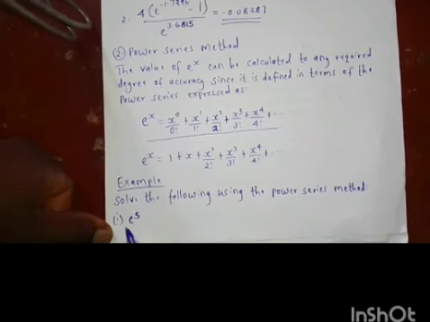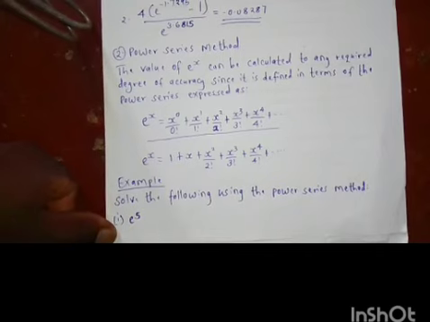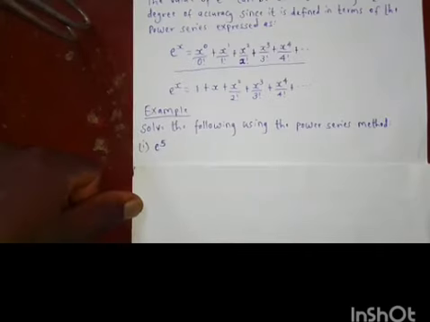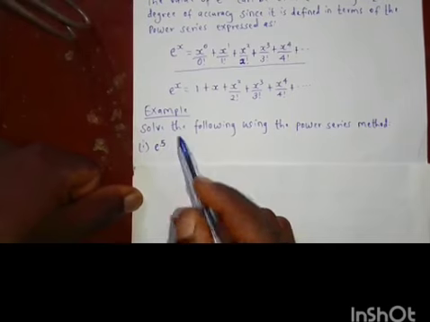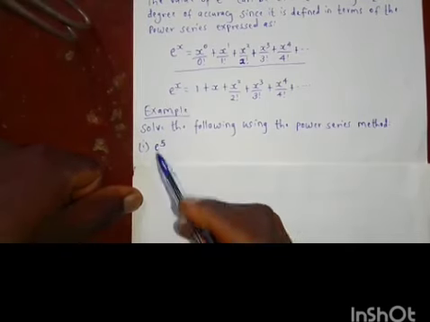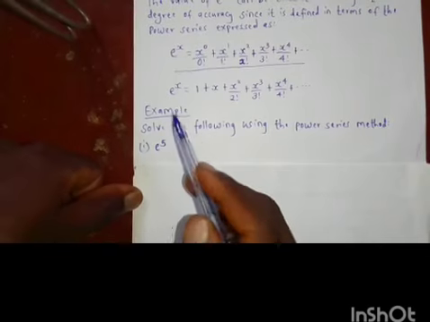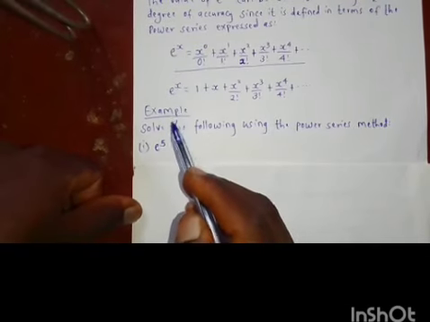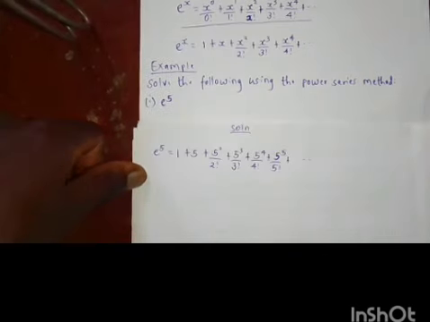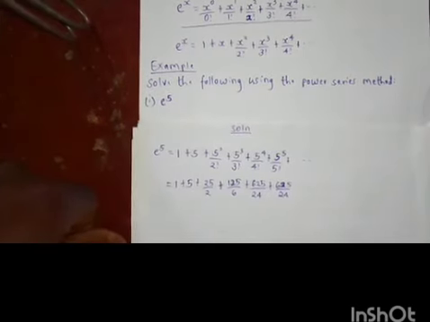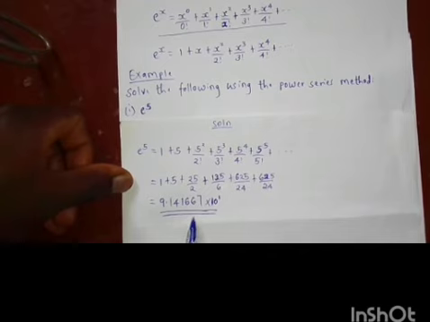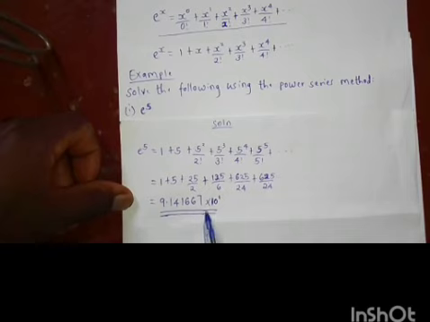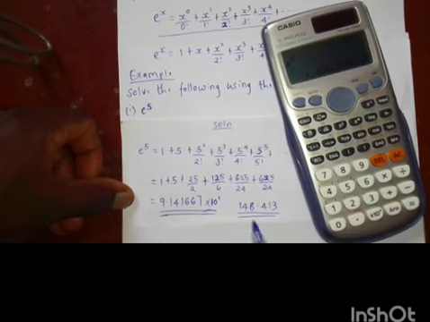So we have e to the power of 5. Here our x is 5, so we substitute x with 5. So we write. I know you are wondering why we are finding this, yet the actual answer is 148.413.